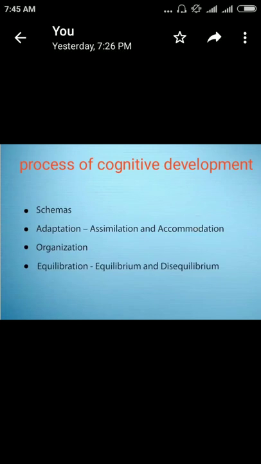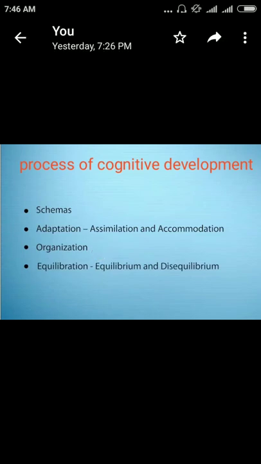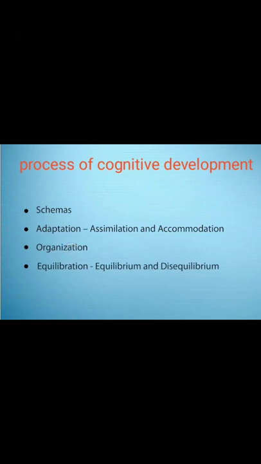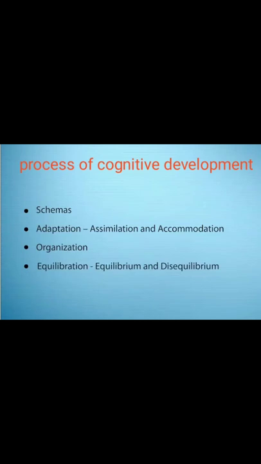That is accommodation. And finally, organization takes place. Organization is the sum total of all the concepts which the child has experienced. It's the overall concept, organizing things in a systematic manner. Hope I'm clear. And after organization, the child has a clear-cut differentiation between a cat and a dog.